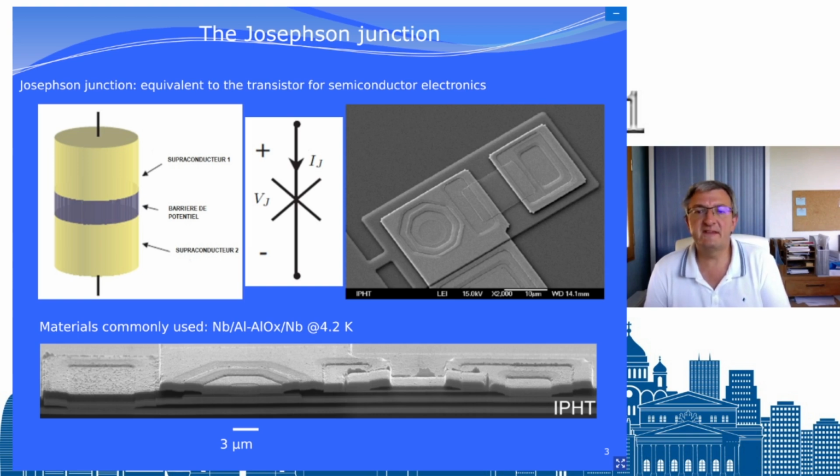Historically, there was a very simple way to do it. You take a piece of a superconductor, it could be niobium, could be lead, for example, and you leave it in air at room temperature to have a bit of oxidation. This oxidation is usually a very thin layer of a few angstrom or nanometer.